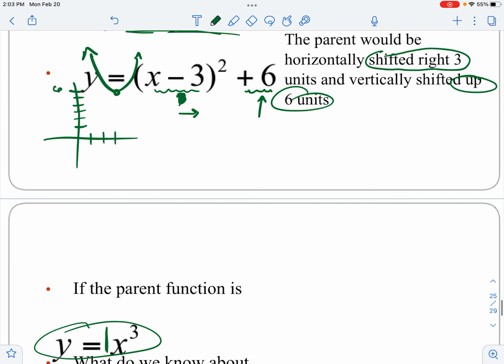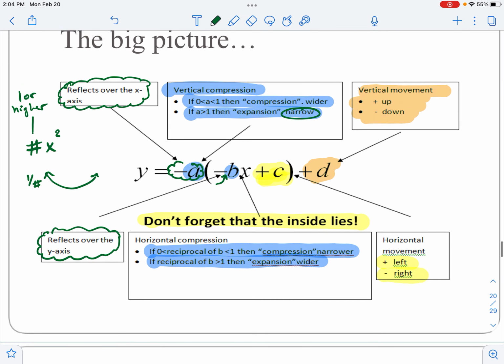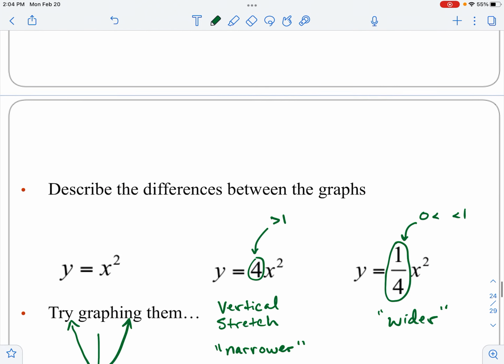Again, let's go look at our compressions. This is our big picture. Vertical compression is when we have a fraction right here, so we're going to end up making our graph wider.